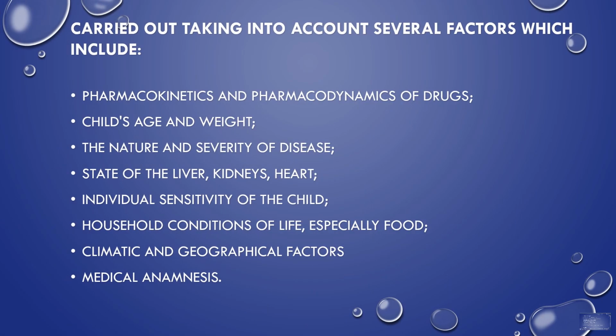Dosing is carried out taking into account several factors which include pharmacokinetics and pharmacodynamics of drugs, the child's age and weight, the nature and severity of disease, the state of the liver, kidneys, heart, individual sensitivity of the child, household conditions of life, especially food, climatic and geographical factors, and medical anamnesis.